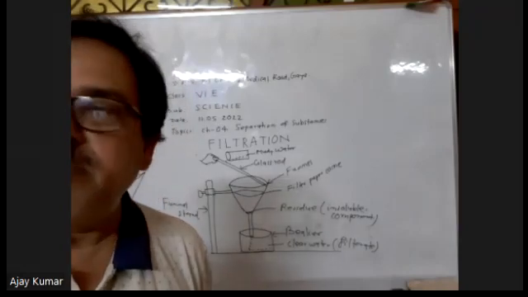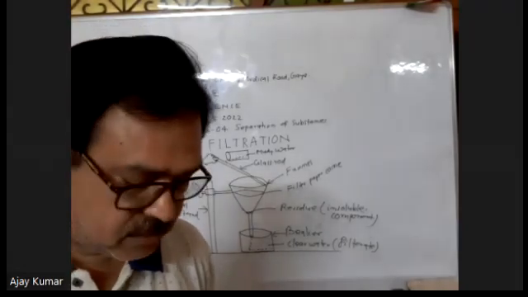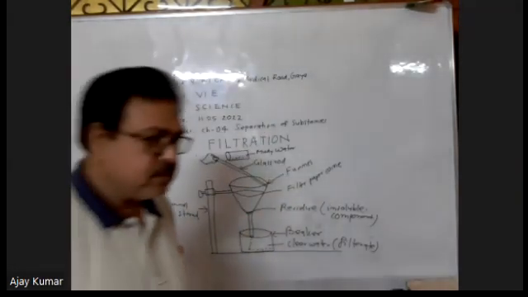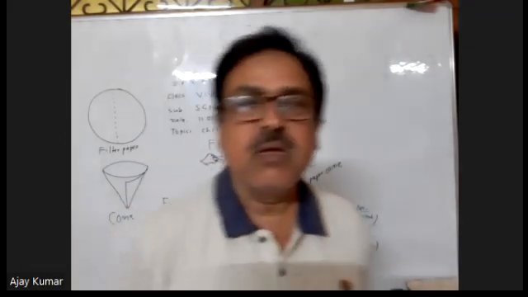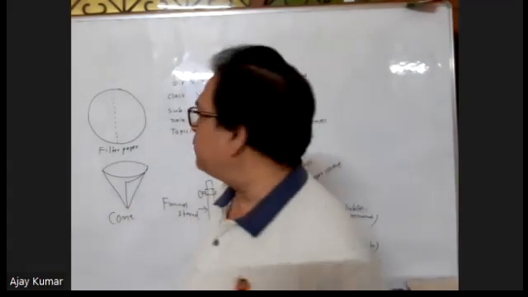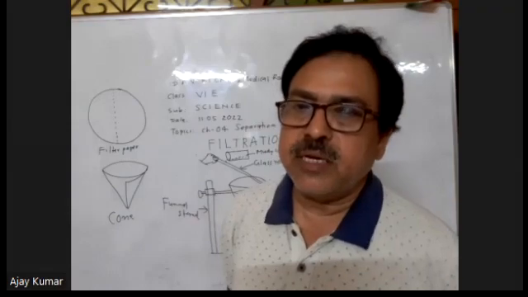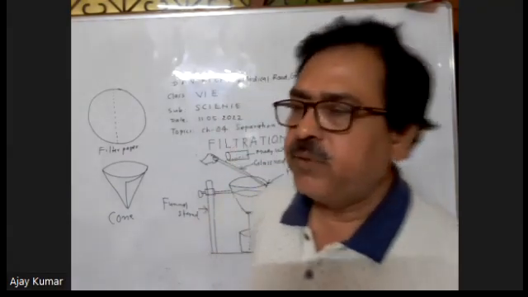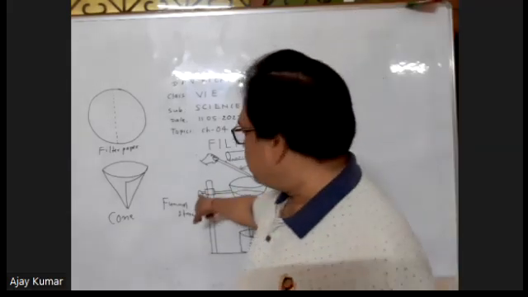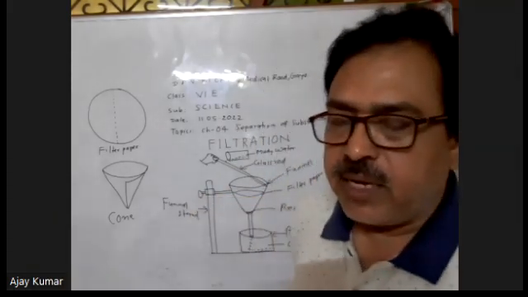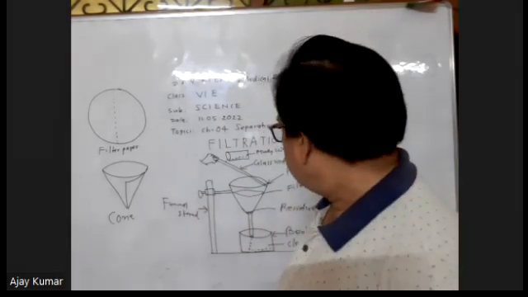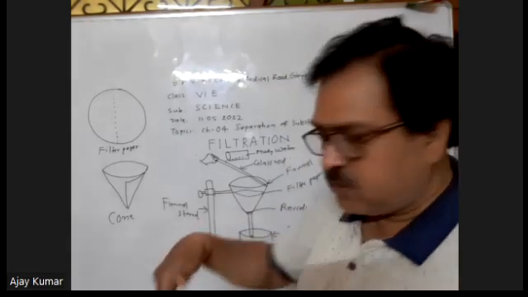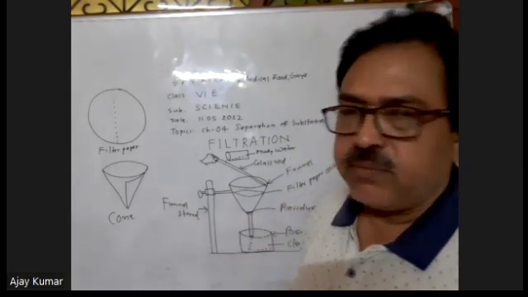If you have the purpose to filter muddy water, you take muddy water in a beaker. You take a piece of filter paper, cut it in a circular shape and fold it to make a cone shape, then place it in the funnel. The funnel is fitted with the clamp in the funnel stand, and the lower end of the funnel is kept inside the beaker placed below the funnel.